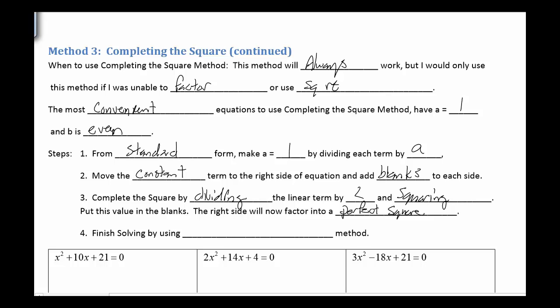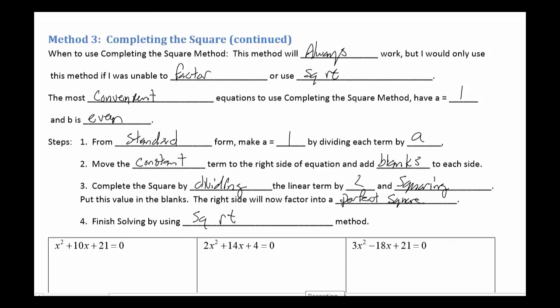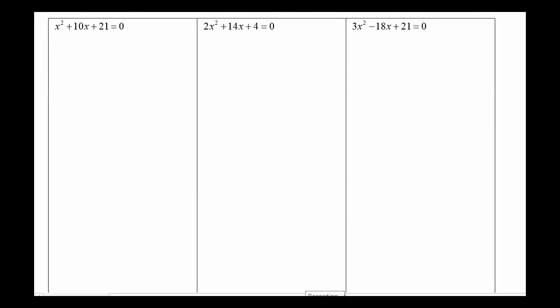And then we'd finish solving the equation by using the square root method. Okay, so again, completing the square by itself isn't going to get us the answer for x, but when we combine it with the square root method, then it's a very powerful method. Okay, so let's actually take a look at some examples of this and see what I'm talking about.